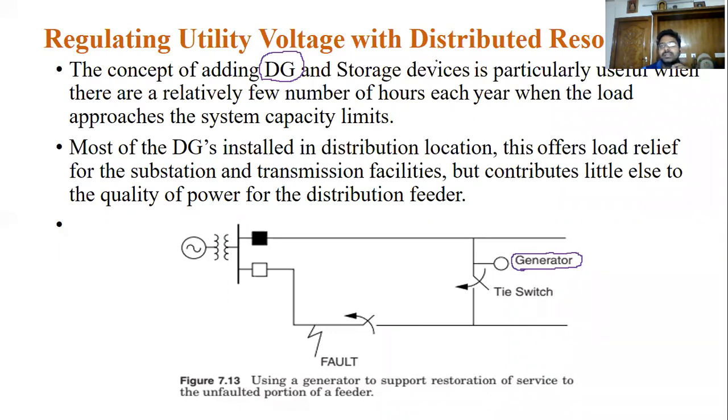In early days solar and wind were not considered for regulating the voltages, but nowadays technology helps these two, wind and solar, also to improve the voltage regulation. So the generator here is nothing but diesel generator sets, some gas plants, or fossil fuel based plants, which we were using at that time.